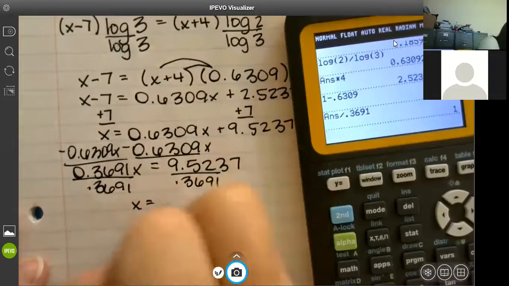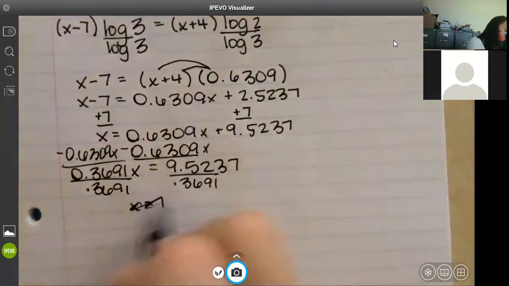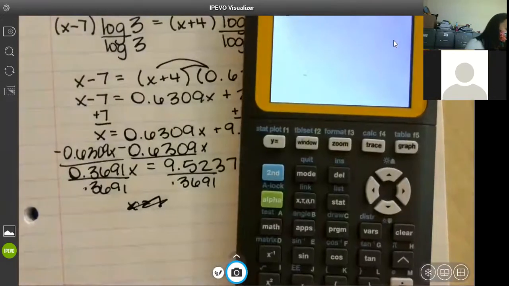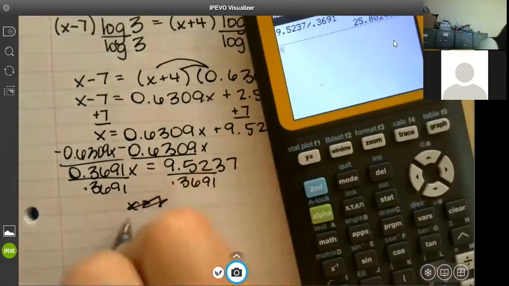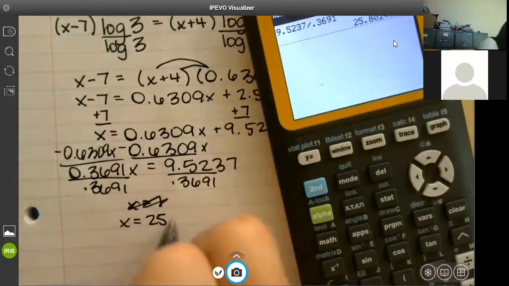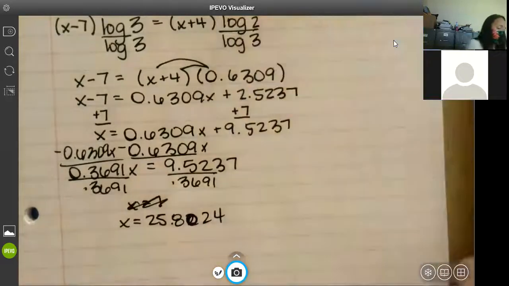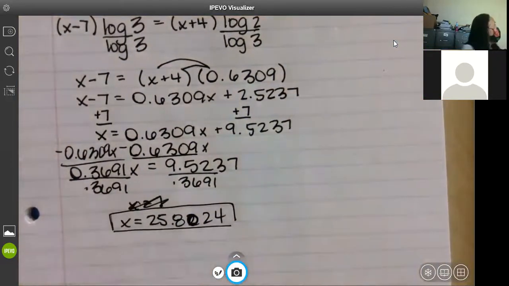Then we get x equals, sorry, that's not what it equals. 9.5237 divided by 0.3691 is 25.8024. And that's it. It's just really crappy work.